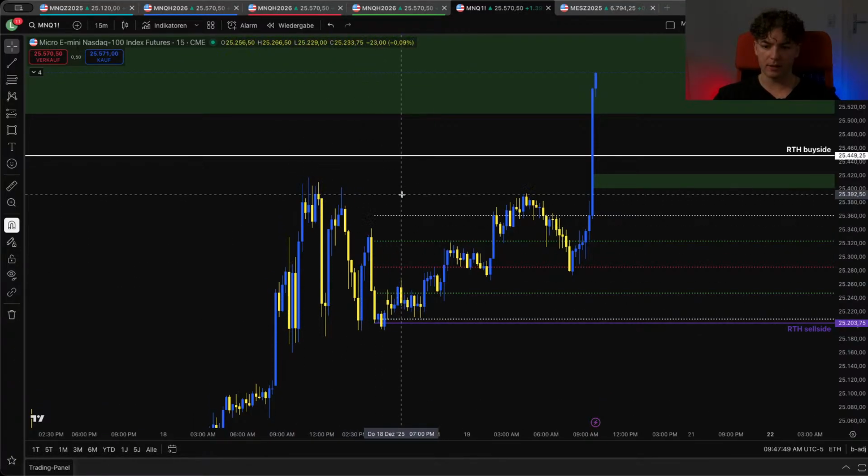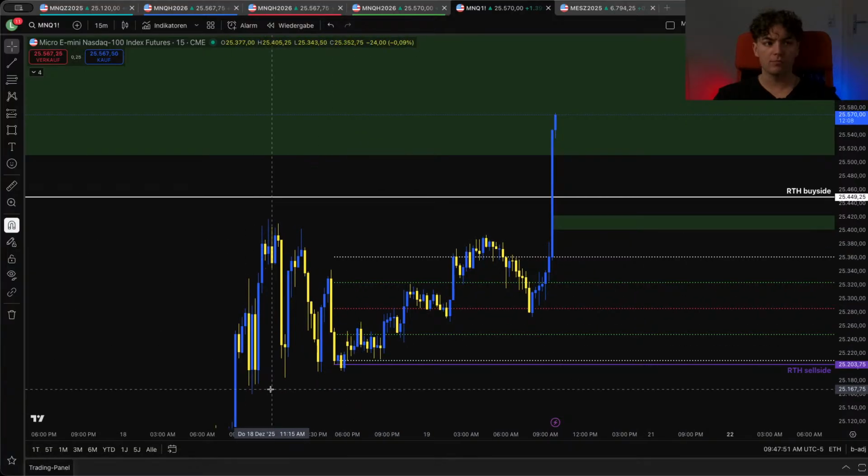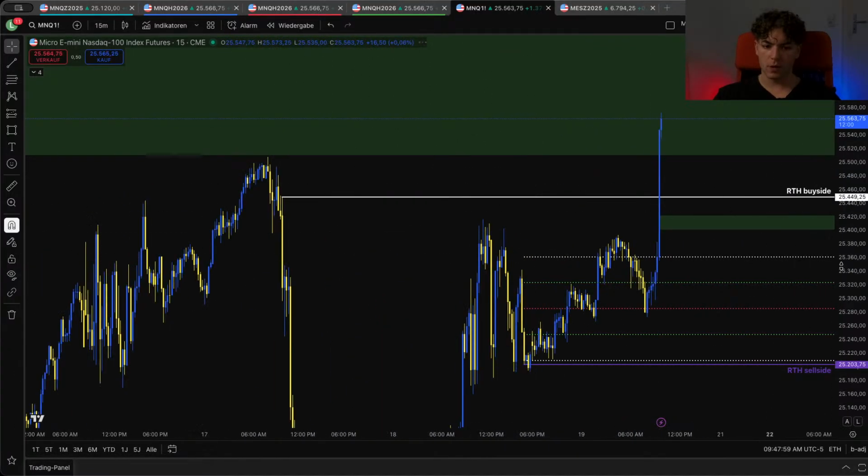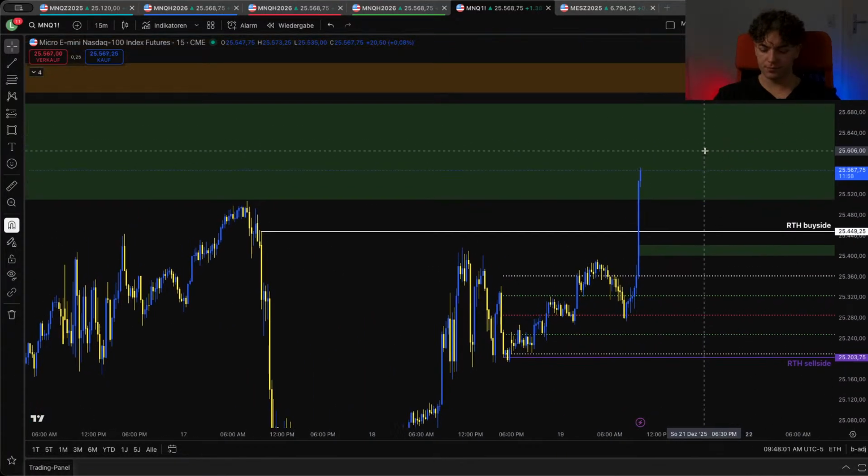But seems like we leave the sell side intact. So where is price going to reach up into?